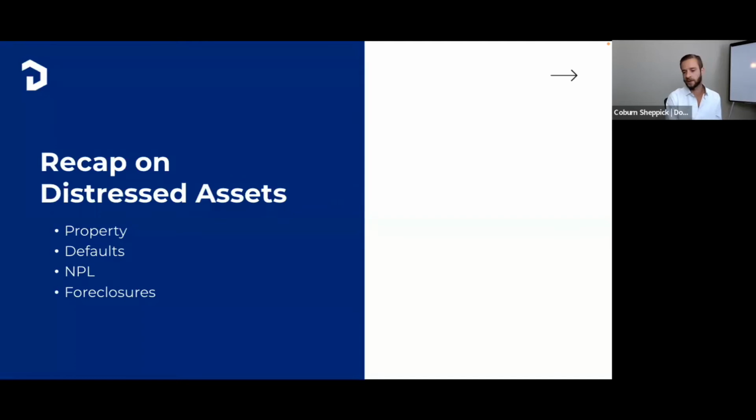Those are phases where there's more opportunity to potentially get discounts. And then from a lender's perspective, when talking about non-performing loans, it's earlier on in the distress where potentially discounts occur, and then there's an asset cleanse. So this is distressed assets and what it looks like.